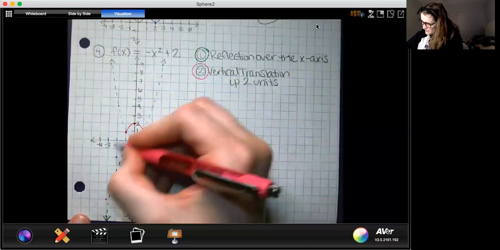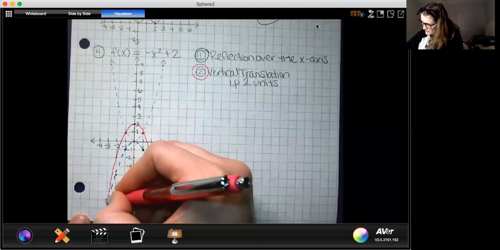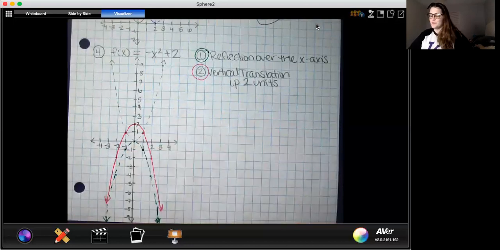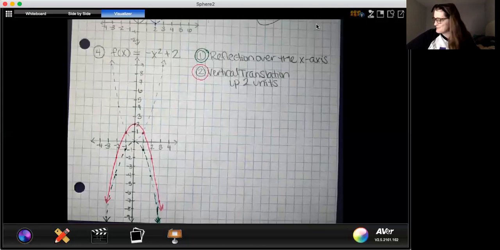And if you're using colors, feel free to go slowly, just because I know that once you make a mistake, unless you have those fancy erasable ones, you can't change it. Now, I do know some students that will flip their graph upside down to draw it because it is a little bit harder to draw and connect when it's upside down. For some reason, for me, I just have to think a little bit more just to make sure, because that natural up position just is a little bit more natural.